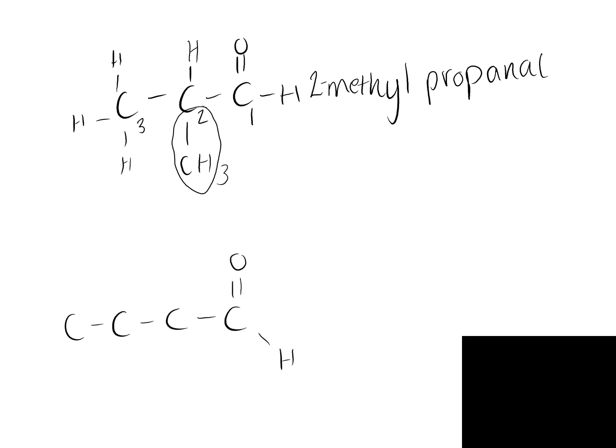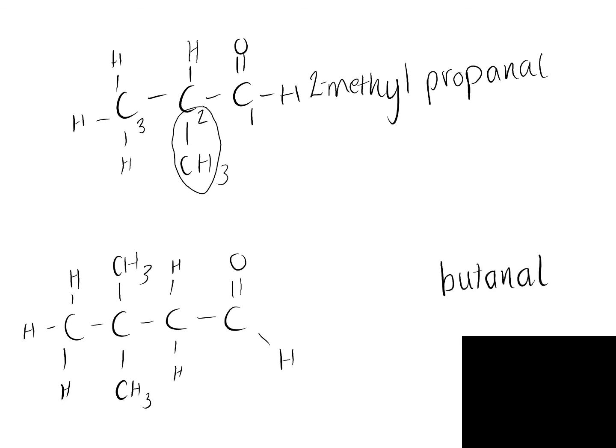Another example then, let's do 4 carbon atoms, a methyl branch, and a methyl branch. Now looking at this, we have 4 carbon atoms in the longest chain, so it's going to be butanal. We are going to number it from the functional group, the carbonyl group, so it's going to be 1, 2, 3, 4.